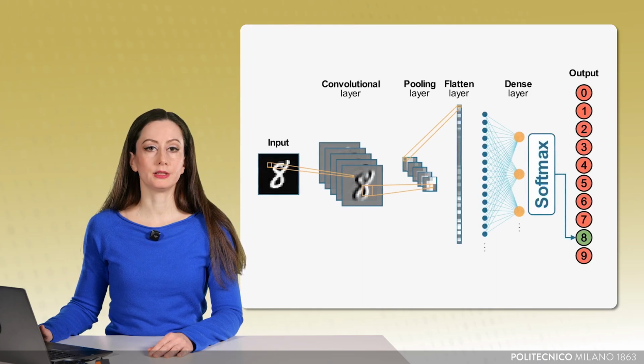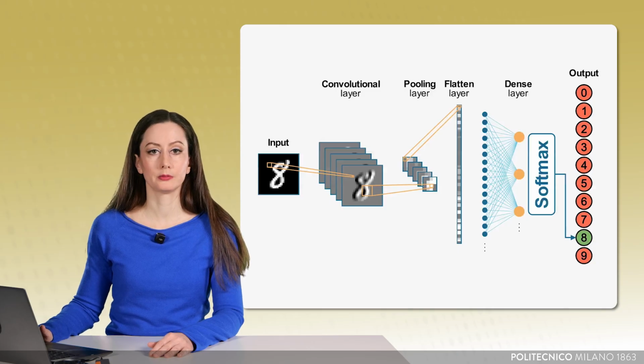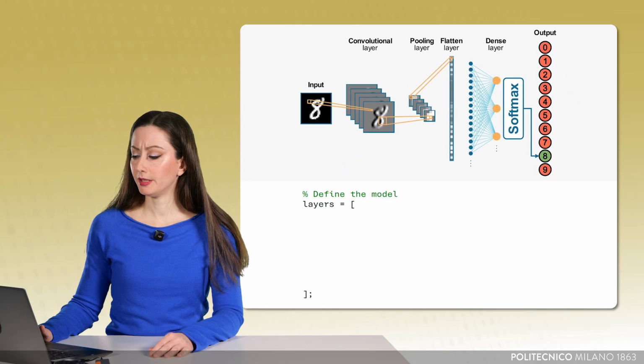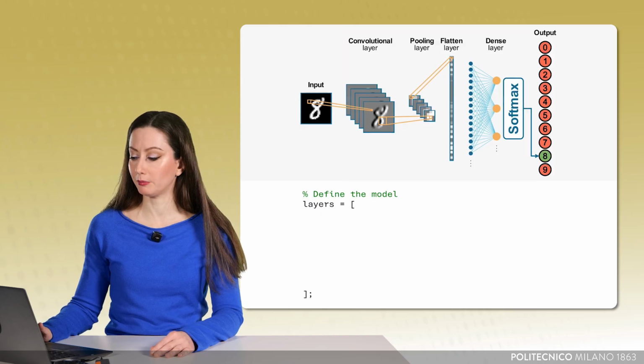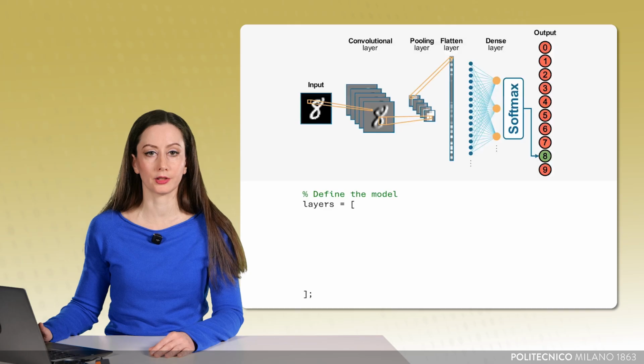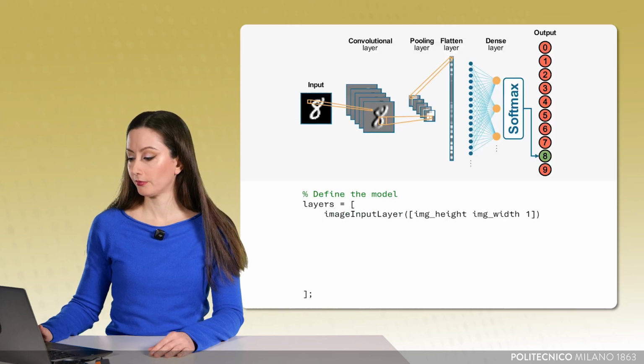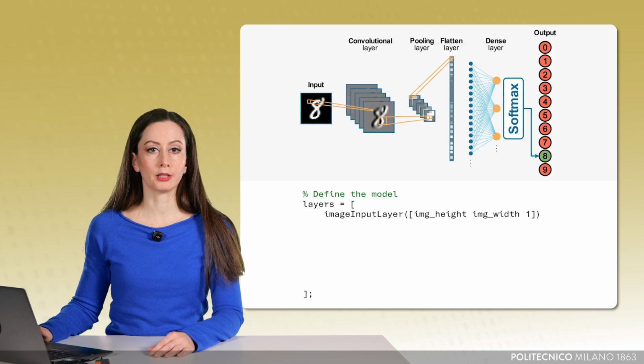And now let's address the second step, the definition of the architecture of our classifier. The idea is to concatenate all the layers defined by specific MATLAB commands to create the final architecture. First, the image input layer informs the convolutional neural network about the size of the input image.